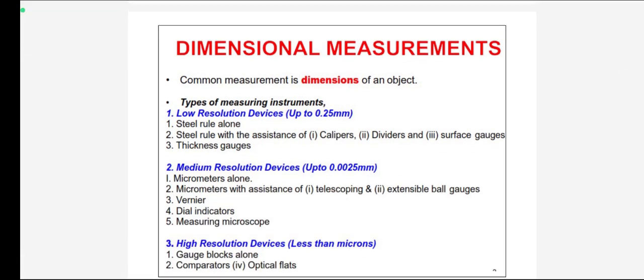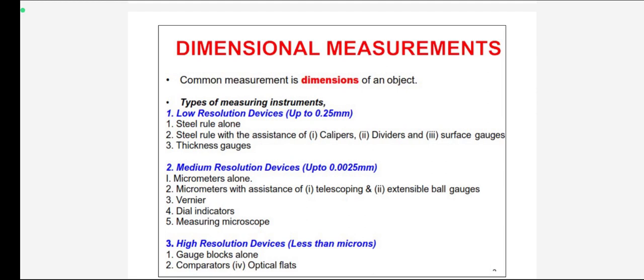For these measuring instruments, the resolution is up to 0.02 to 0.025 mm. Medium resolution devices include the micrometer with the assistance of telescopic and extensible ball gauges, vernier and dial indicators, and measuring microscopes.